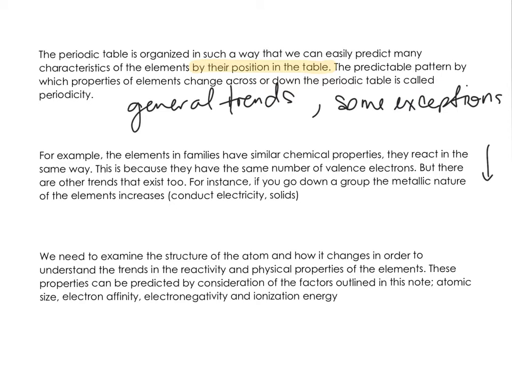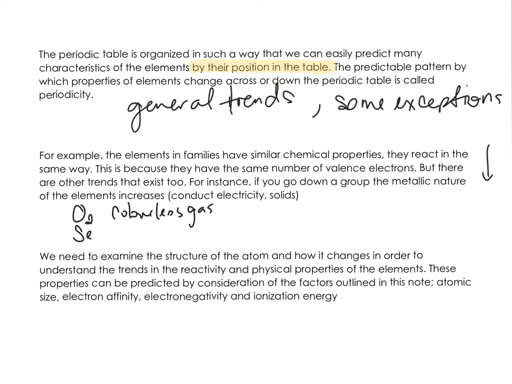Now this makes sense in groups 1 and 2 because they're all metals, but this also happens in the rest of them. For instance, Group 16, you've got oxygen at the top. Oxygen as an element, O2, is a colorless gas. As you go down, you're going to hit selenium.